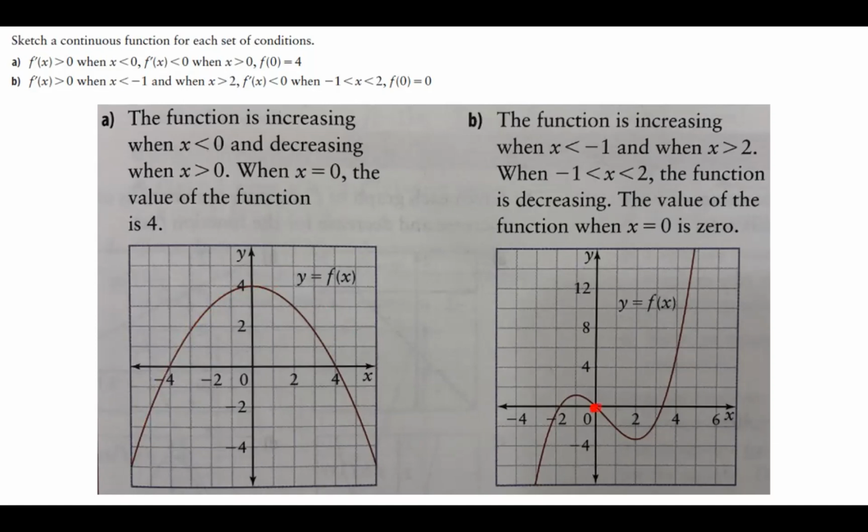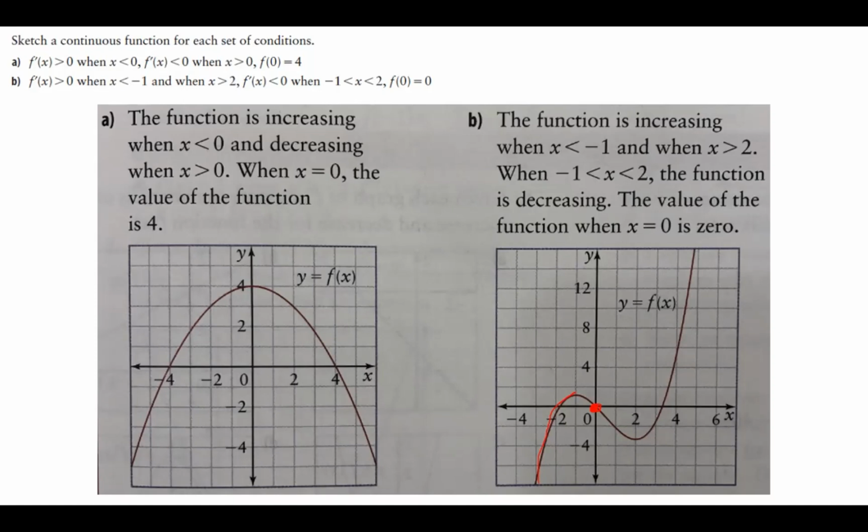And before x equals -1, this function has first derivative greater than 0. That means from negative infinity to -1, this function is strictly increasing, right? And after that, for x between -1 and +2, the first derivative is less than 0.